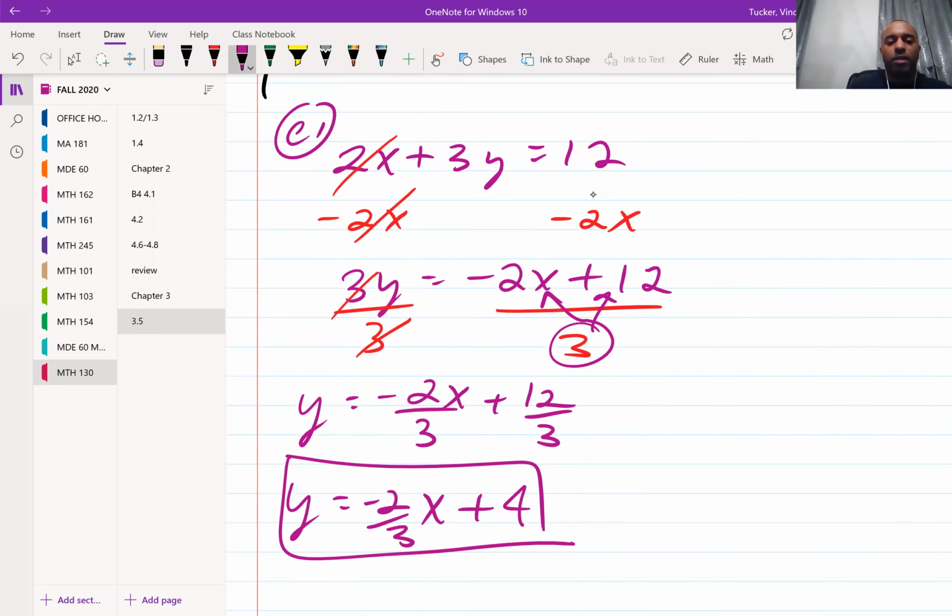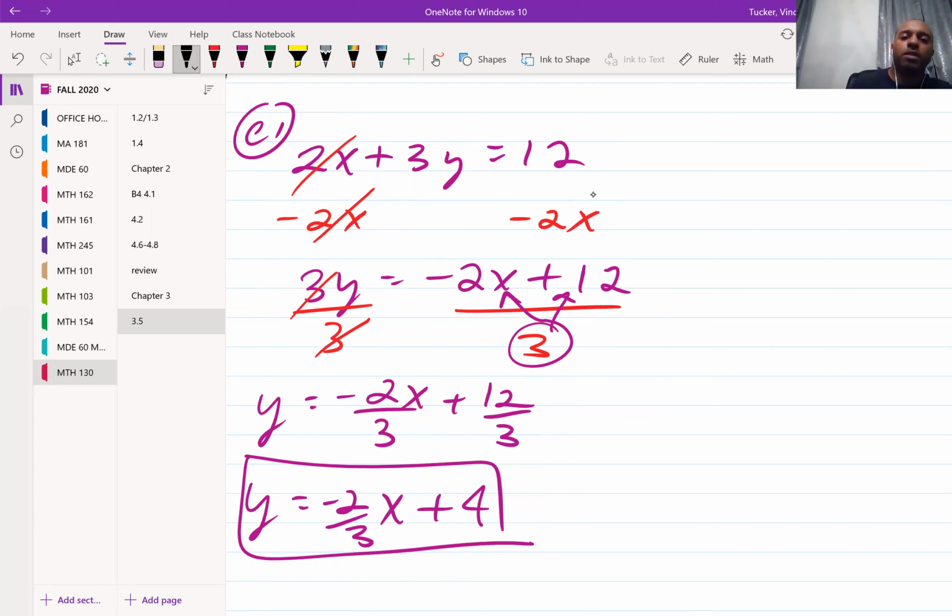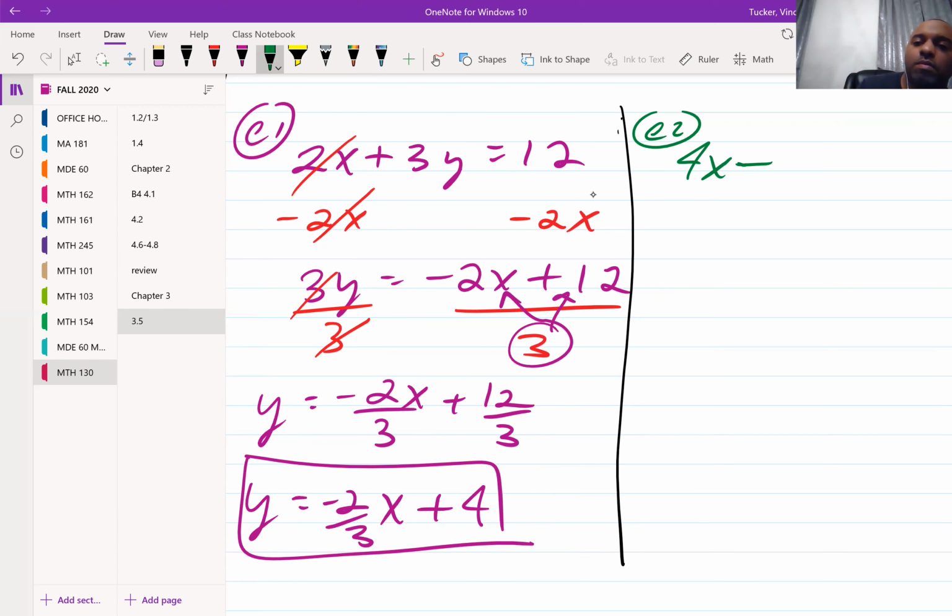See if I can squeeze equation 2 over here. All right, so I'm going to do the same thing for 4x plus 6y equal to 30. I'm going to subtract 4x from both sides. 6y equal to negative 4x plus 30.